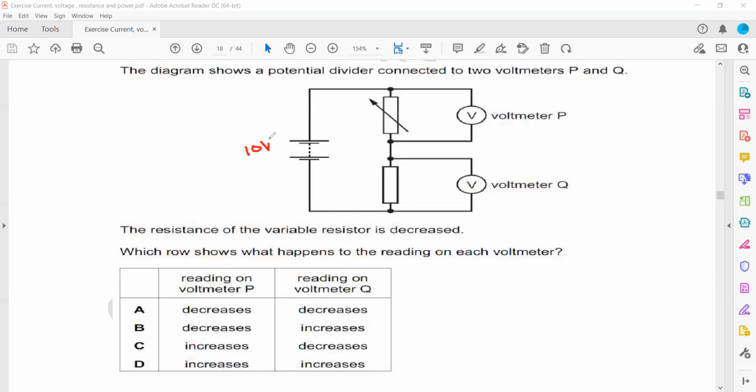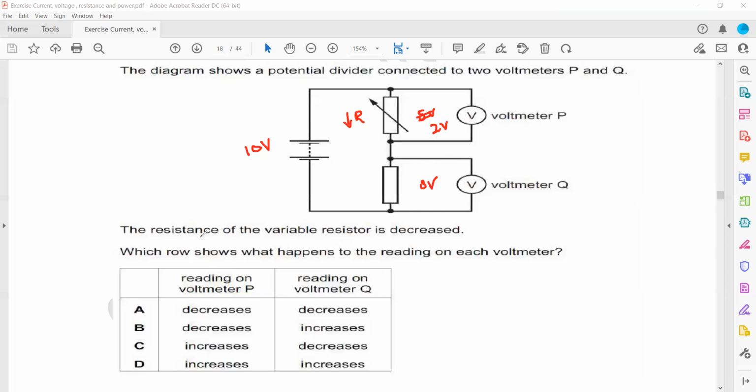If I have a 10-volt supply, 5 volts is here and the remaining 5 volts is across the other one. But now we reduce the resistance of this variable resistor, so the voltage here won't be 5. It might be, for example, 2 volts. If 2 volts is here, the remaining 8 volts will drop across voltmeter Q, because the total should be 10.